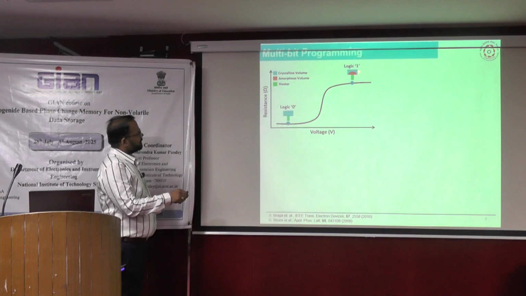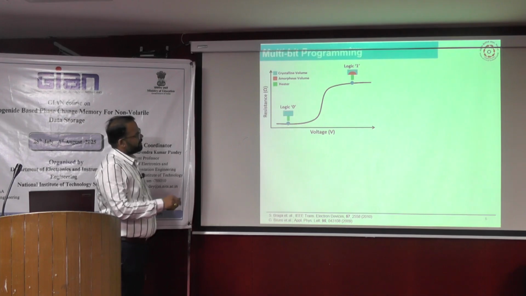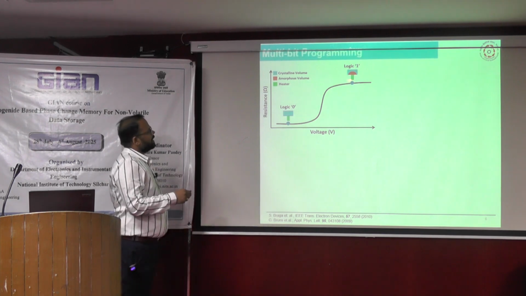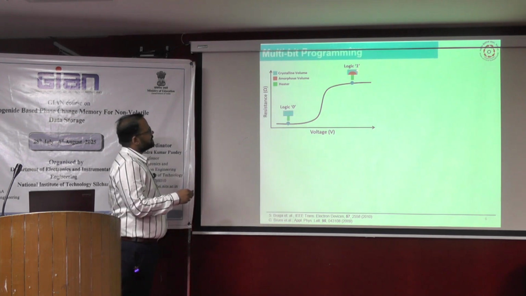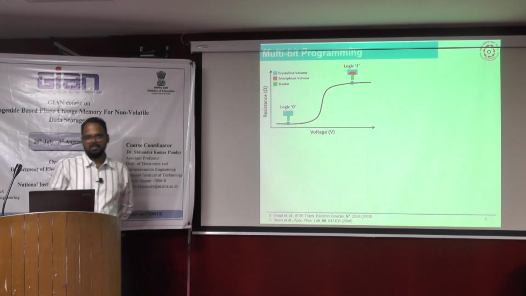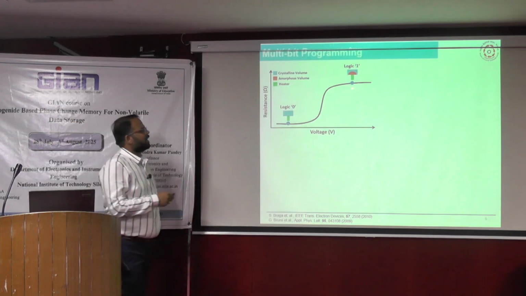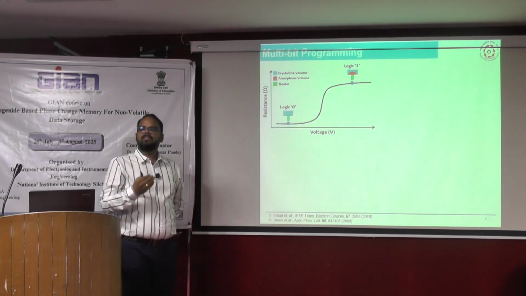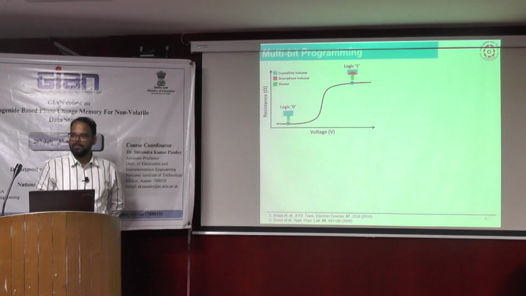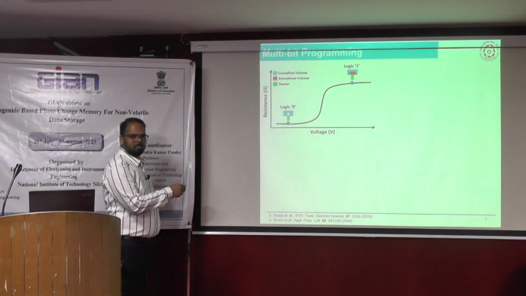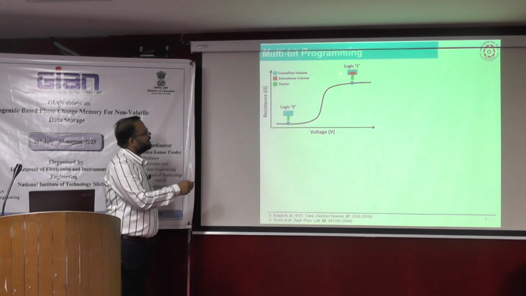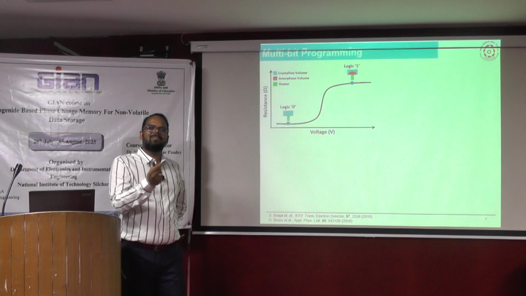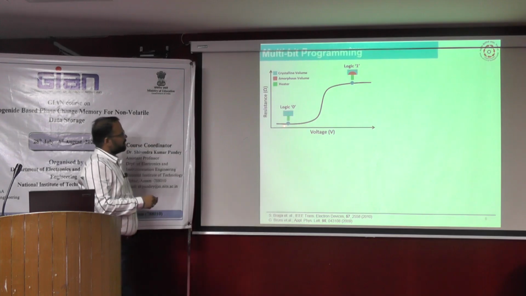This dome-shaped region, in the previous slide I have shown you one structure, is the region that is getting amorphized. Due to this amorphous region, the resistance of this cell is on the higher side. Here you can see there is no dome, which means it is fully crystalline, and here there is some dome-like shape. It means it is amorphous. Only this region has become amorphized. So this is the way.